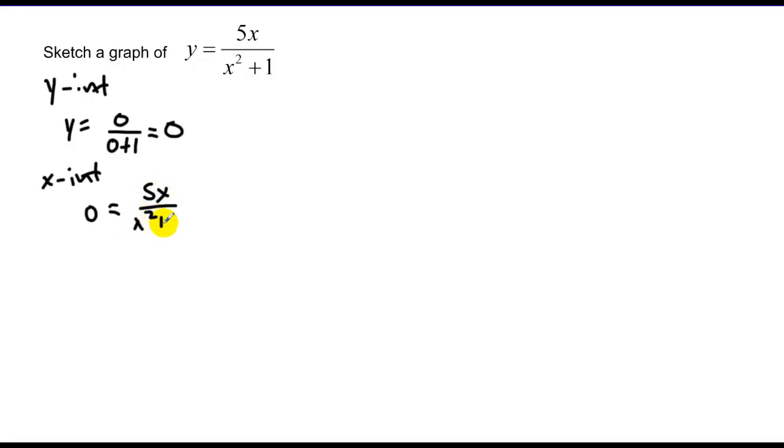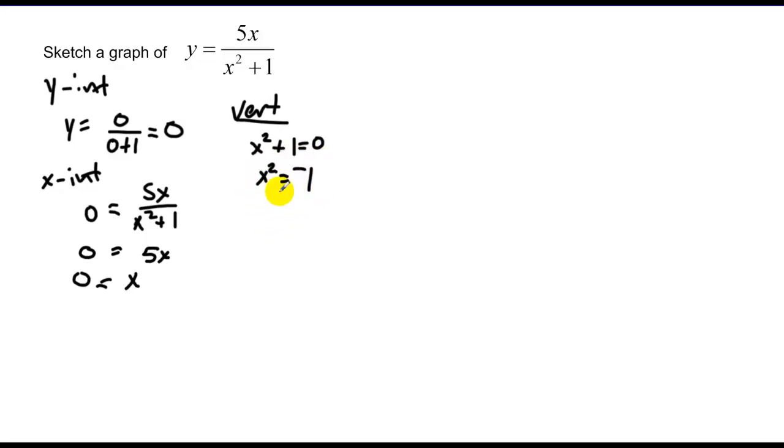Multiply by x squared plus 1 to both sides, thus giving me 5x is equal to 0 and x equals 0. My vertical, I set my denominator equal to 0, so now I just have to know when x squared equals negative 1. That's never going to happen, so there are no vertical asymptotes.